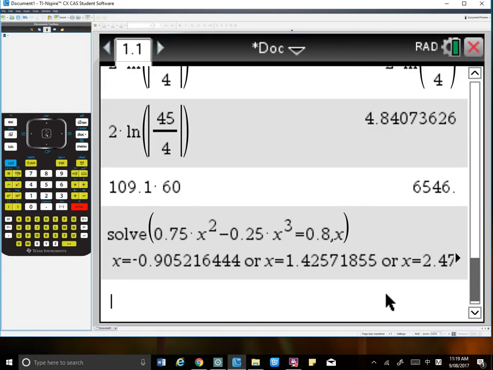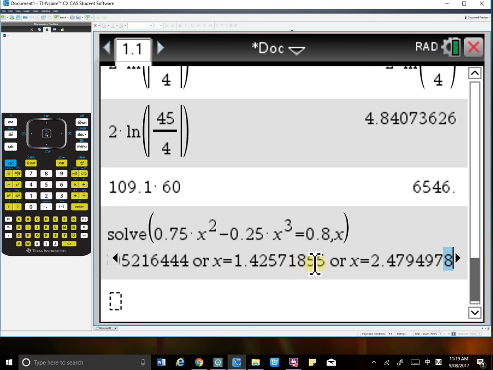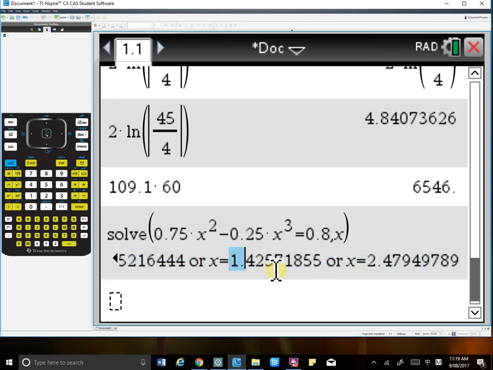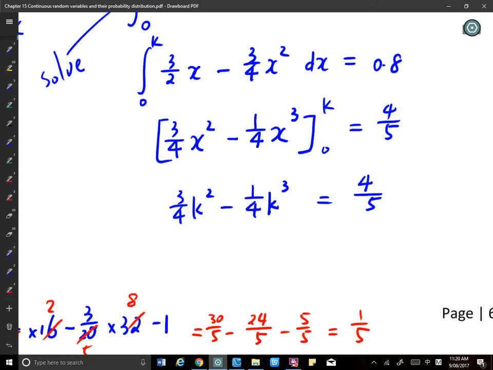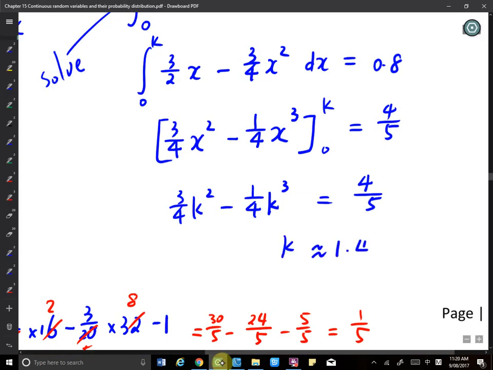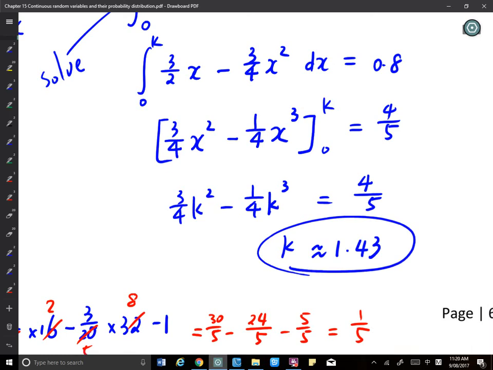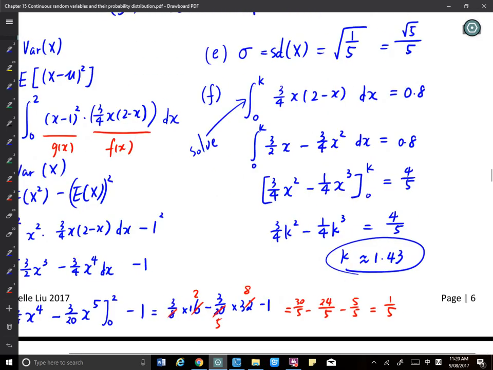Okay, we have so many values here. Negative 1.4, 2 point something. I can only take that one. Let's go for 2 decimal places, so it's 1.43 here. 1.43 is approximately the 80th percentile. Okay, that is the k value.